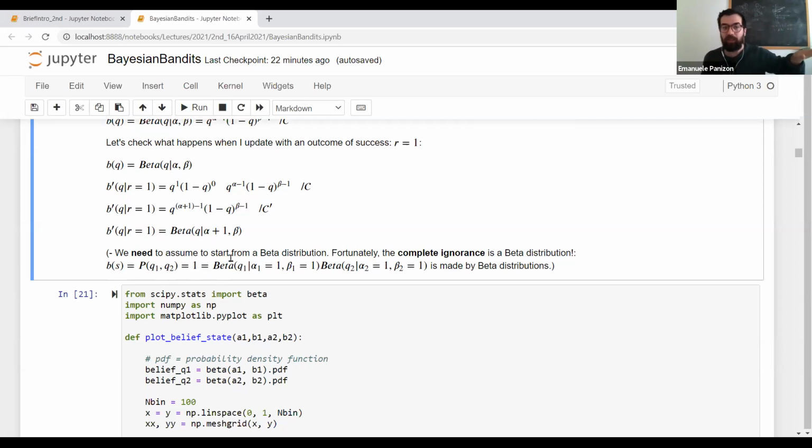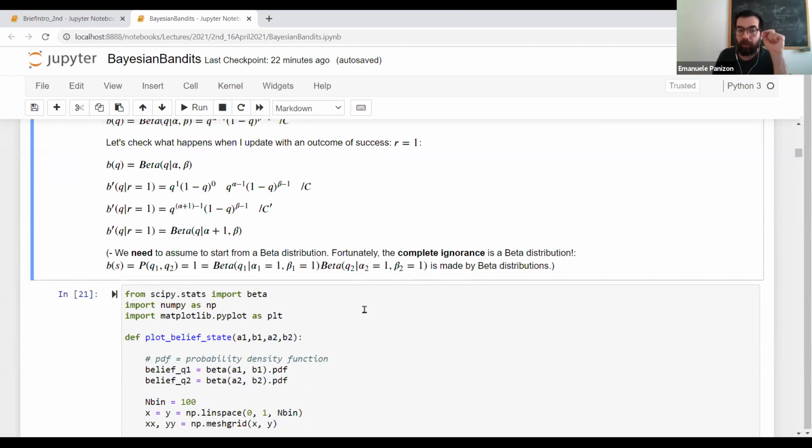It's a flat probability, and it's equal to the product, because they are independent, of the beta distribution for Q1, with alpha 1 equal 1 and beta 1 equal 1, multiplied by the beta for Q2, with alpha 2 equal 1 and beta 2 equal 1.